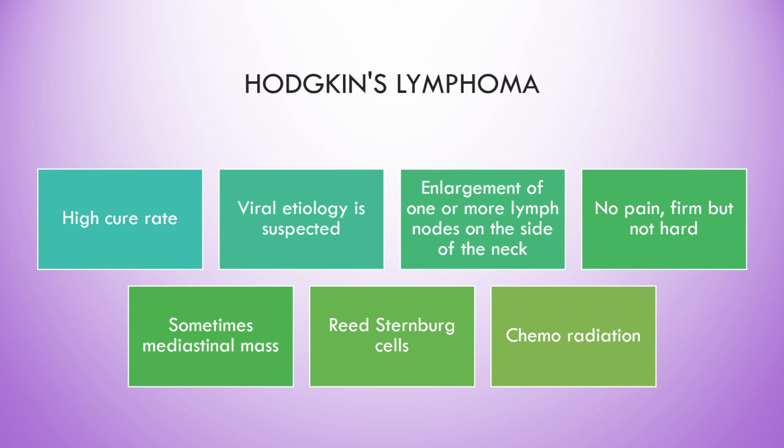It might be in your mediastinal area or around your xiphoid or your sternum. They are not painful, but they're firm but not hard. They will have Reed-Sternberg cells under the microscope, and they are usually treated with chemo and radiation.